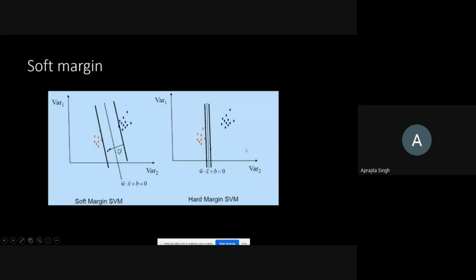Now, if we look at margins, there is something called a soft margin, and hard margins. Hard margin is what we just saw: if these are the clusters, these are how your two classes look like.